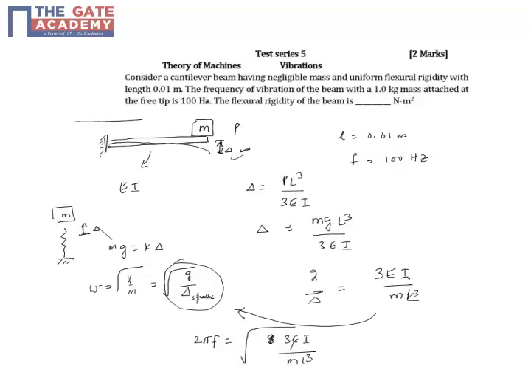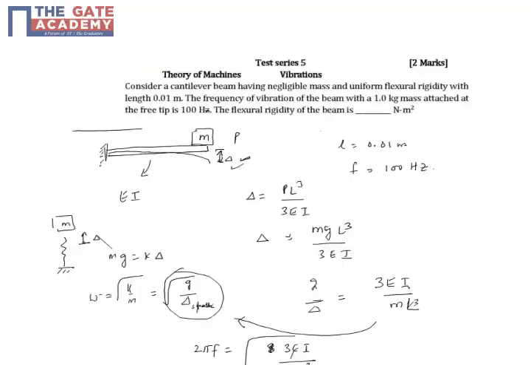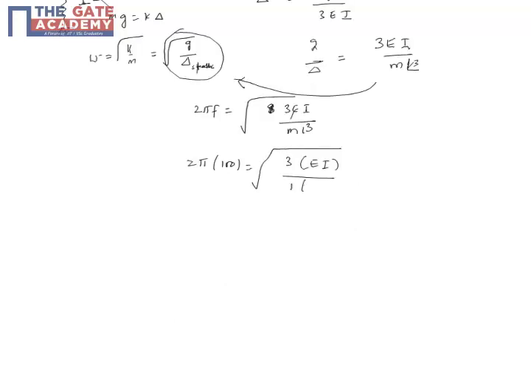So let's substitute: 2 pi f with f as 100 Hz, and 3EI is something which we need to calculate, the flexural rigidity. M is 1 kg, and L is 0.01, whole cube. So from this, if we just square it and calculate EI, we get about 0.13.